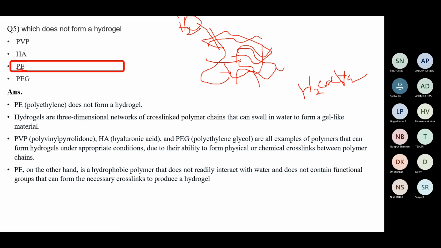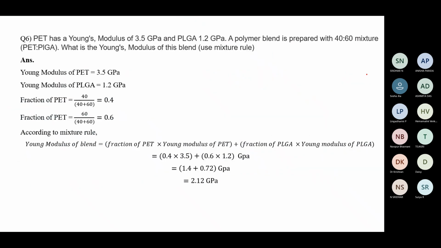So because of that, there is no interaction with the water. Therefore, polyethylene is not suitable for hydrogel formation. Now moving to the next question.